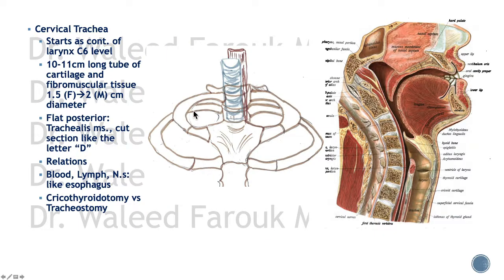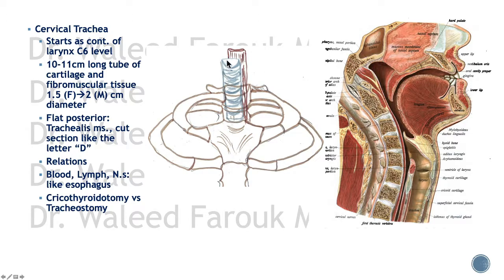The cervical trachea, of course, starts at the end of the larynx, below the cricoid cartilage, by the membrane and ligament called the cricotracheal ligament. It's the most anterior median structure, see? Anterior to the esophagus. It's formed of fibrous tissue intervening between cartilage rings.